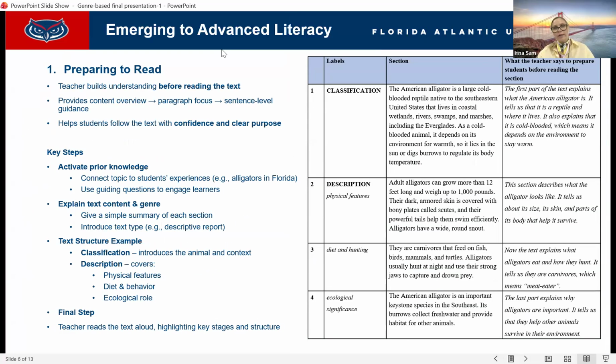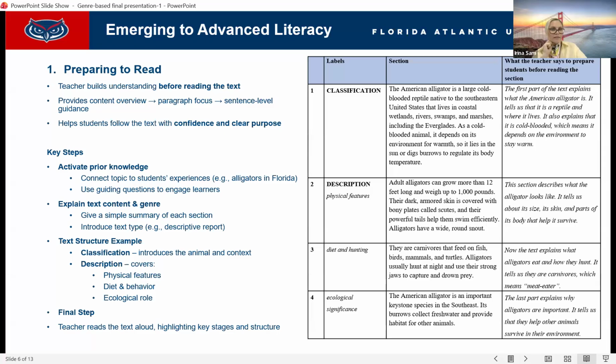Now we're going to talk about emerging to advanced literacy stages, and stage 1 is preparing for reading stage. At this stage, the teacher helps students understand the text before they even start reading. The goal is to build confidence and make sure students can follow the text without feeling lost.